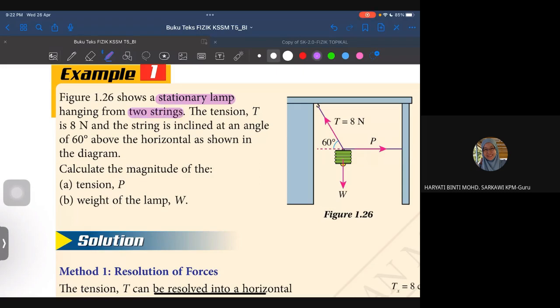So we have string P and T. Tension T is 8 Newton and the string is inclined at an angle of 60 degree above the horizontal as shown. Okay, so you need to calculate tension P and then the weight of the lamp.